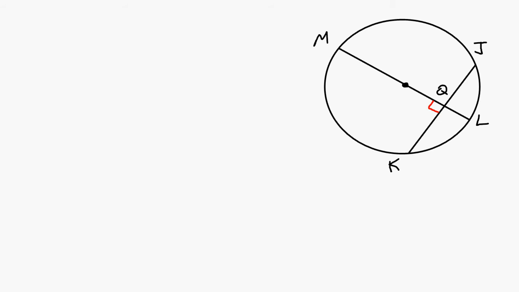Draw your chord so that it's perpendicular to that diameter, which means that it intersects it at 90 degrees. And then we can label everything. We'll go M, J, let's see, JQK. So this is going to be JQK. And the other end of this diameter is L, and the center of the circle is Q. Oh wait, I'm sorry, the center of the circle is P.